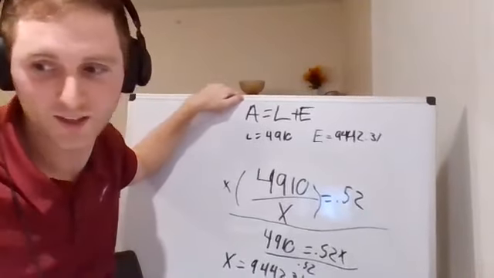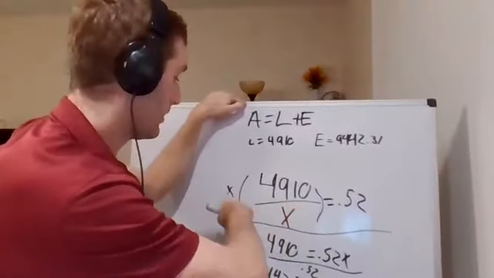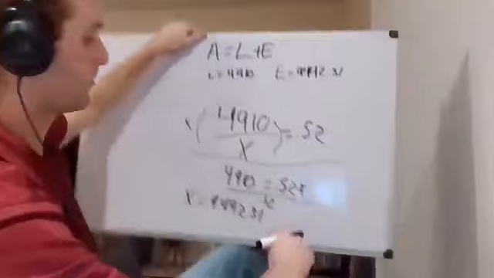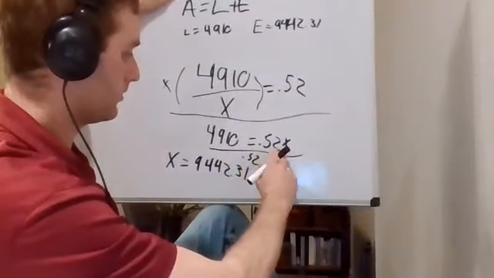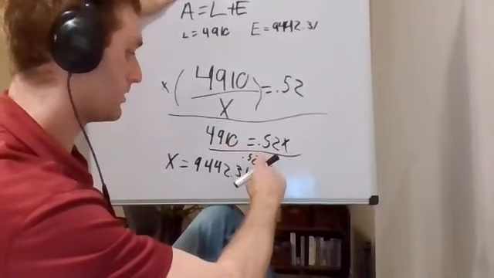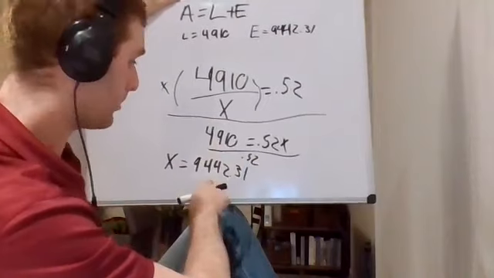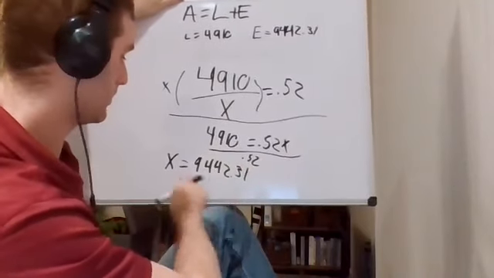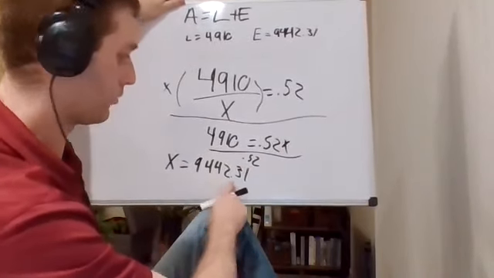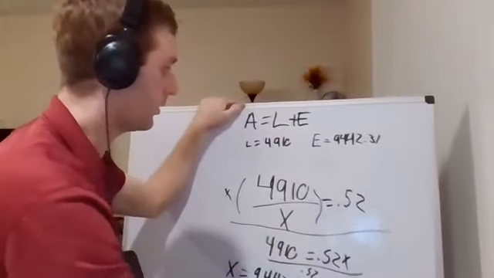It's not as bad as it seems. I messed up in the beginning, but first this was being divided, so I had to multiply to move the X, right? Then here, technically this is 0.52 times X. I have to get it to the other side, so I have to divide by it, which 4910 divided by 0.52 gives me X equals 9,442.31. That plugged in here is my equity.